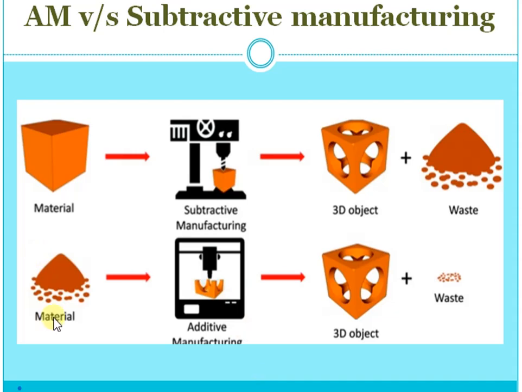You can see in the figure, additive manufacturing starts from some materials, then we make the CAD model, then it goes to the additive manufacturing process, and finally we get the product. And the waste from additive manufacturing is very little or negligible as compared to the subtractive manufacturing process.